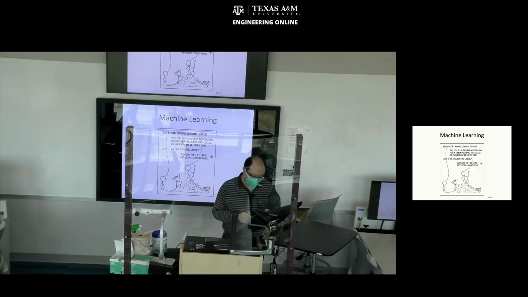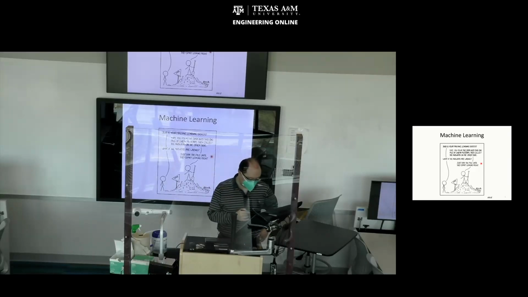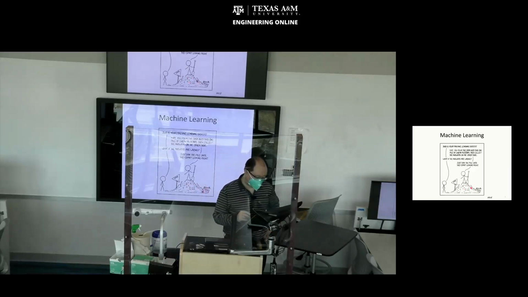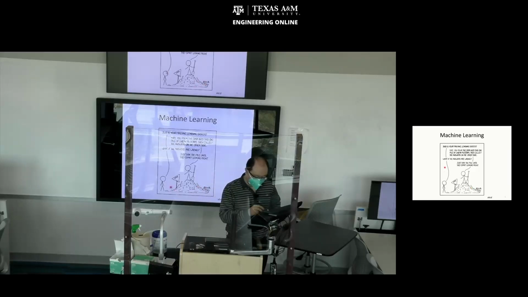I think this is a good comic, right? So you have the data feeding into the models, and within the models you have a lot of mathematical operators. In the end, you make a prediction, right? And this is actually a very funny comic if you read into it, right? That's machine learning.